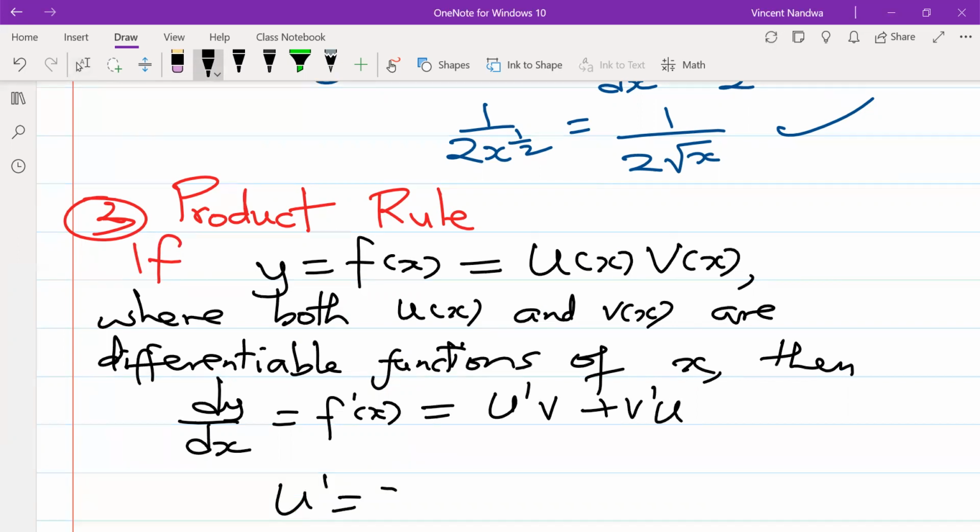So u prime means du/dx, and v prime means dv/dx.